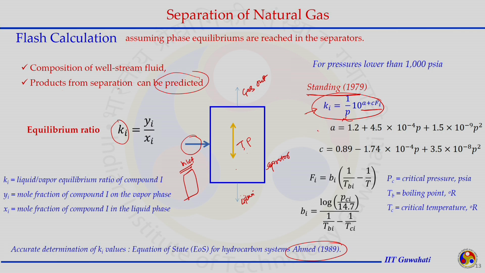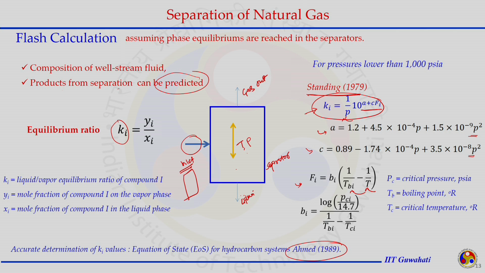A and C are functions of pressure again, in quadratic form, so we can calculate A and C if we know at what pressure that particular component is exposed. Fi is related to temperature and the boiling temperature of that component, because we are going to calculate Ki for a specific component that is present.